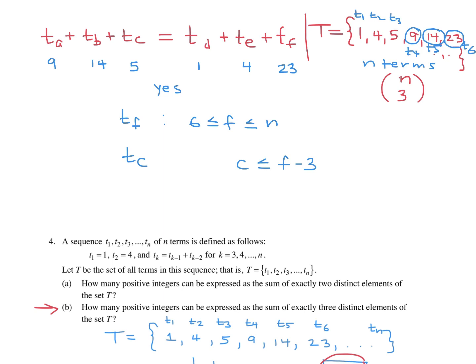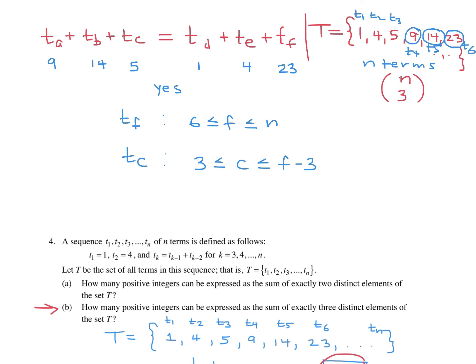It matches. I hope that makes sense. And then the smallest that it can be, remember, we can't use the first term or the second term. We have to use at least the third term in this particular example. So the smallest that C can be is 3. All right, so there we go. That's the definition for F and C.